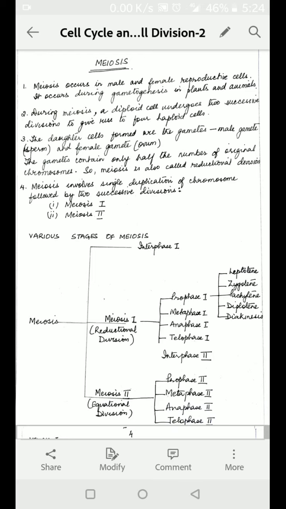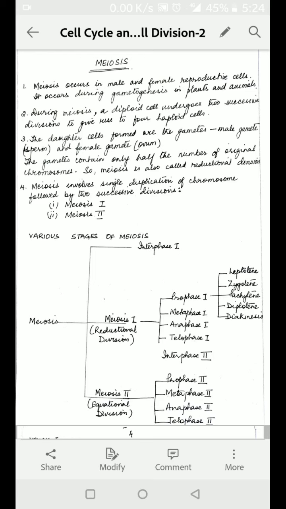Gametes, that is the egg cells and the sperm cells, cannot have a diploid number of chromosomes, because imagine if that happens, then at the time of fertilization, when the fusion of the male and the female gamete occurs for the formation of the zygote, the zygote that will be produced will have 4n number of chromosomes if reduction division, or meiosis, does not occur and the chromosome number does not become half, that is n.